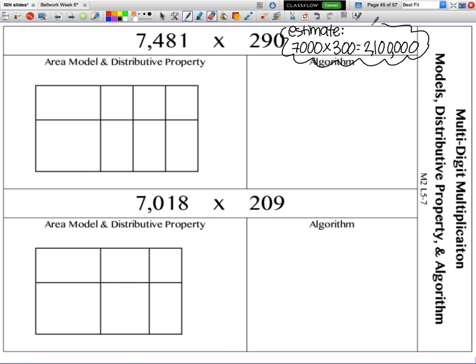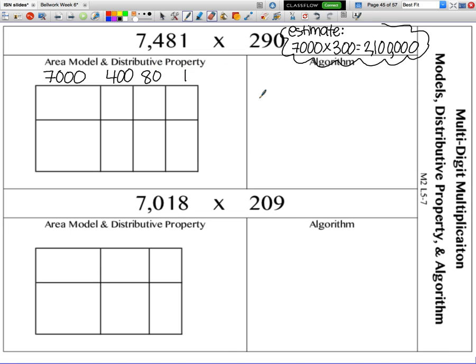So here we go. Let's set up our place value, our area model. So start by breaking 7,481 into those bite-sized pieces across the top. The first one is going to be 7,000. And then we've got 400 and 80. And the last one is 1.